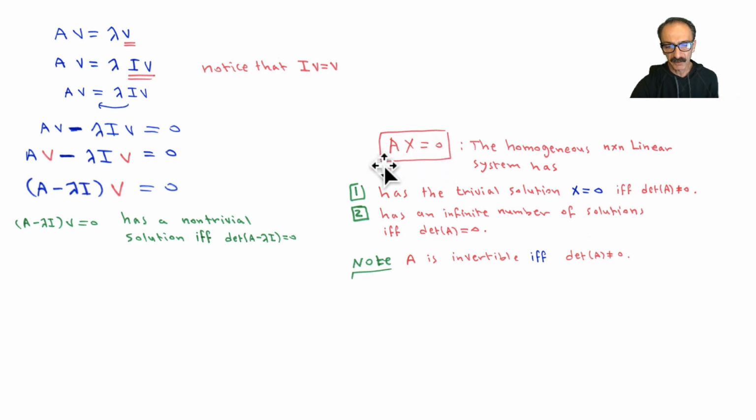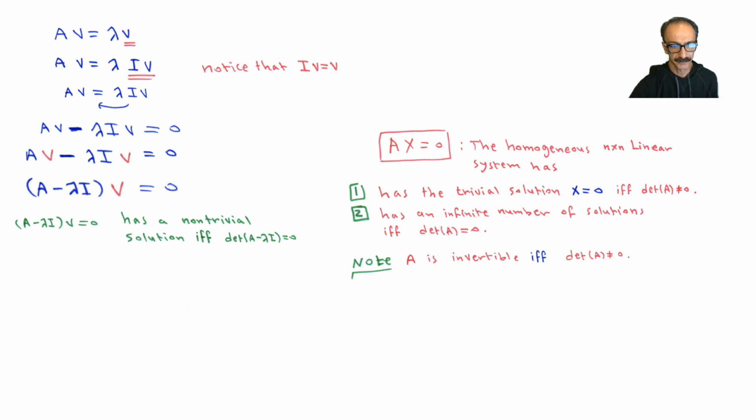A inverse times A changes to I, and I times x is x. That will give you x equals 0, called the trivial solution. So in order to have the non-trivial solution, we need the determinant of A to be 0.